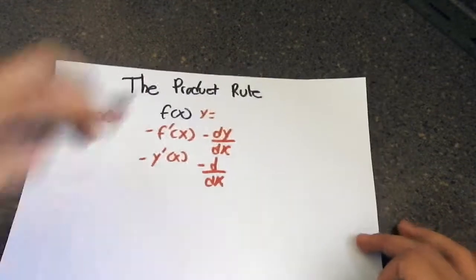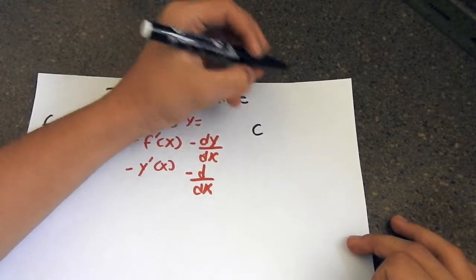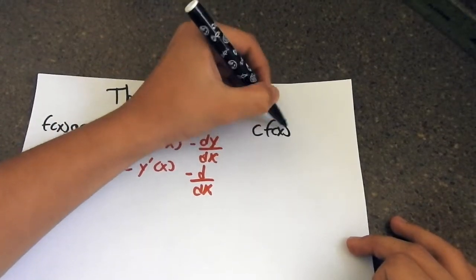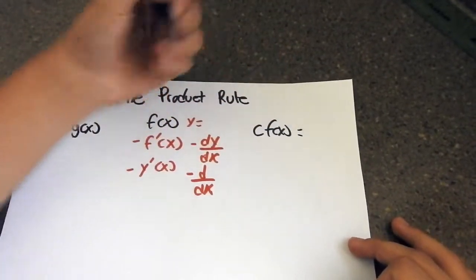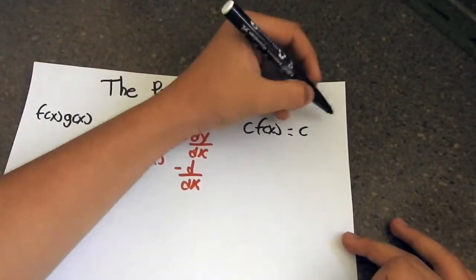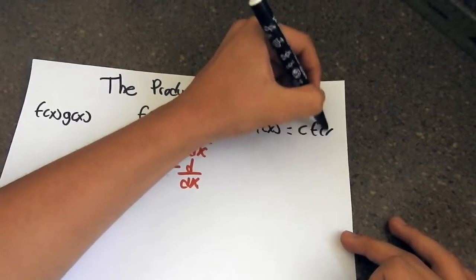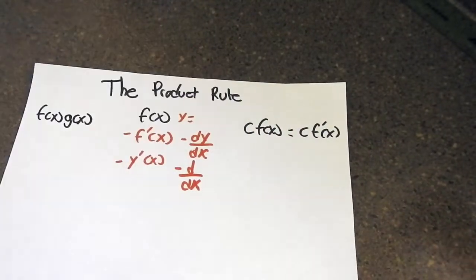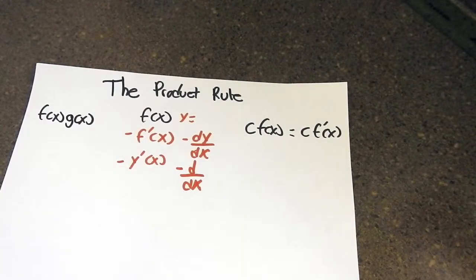Another thing is that when we have a constant c times the function f of x and we want to know its derivative, we just take the constant out and we apply the derivative to the function: c times the derivative of f of x.